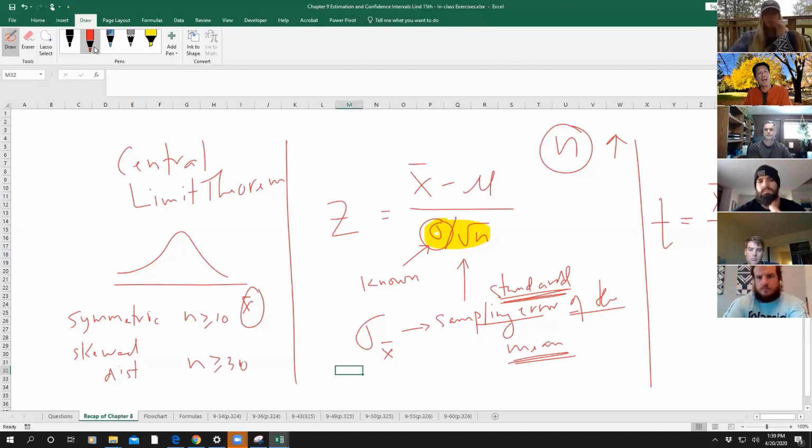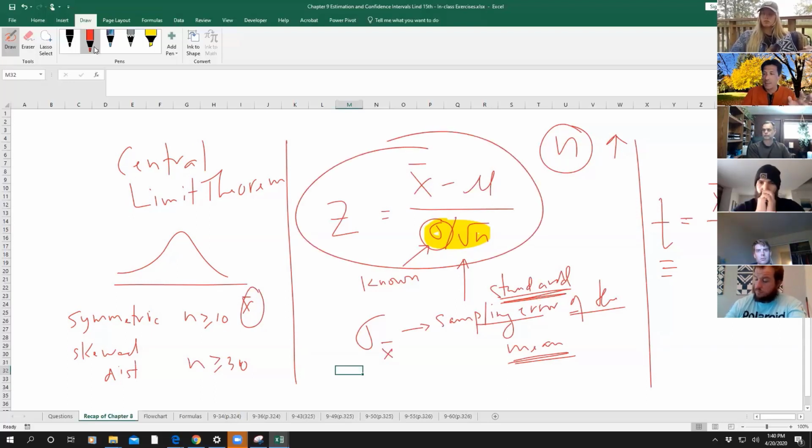So keep this in mind, because when we compute confidence intervals, especially for the population mean, when the population standard deviation is not known, you can use the formula that uses the t-distribution for computing confidence intervals.